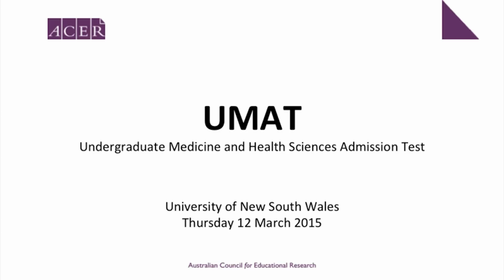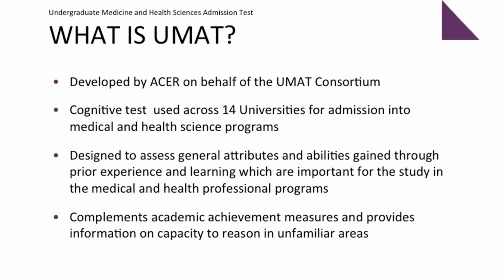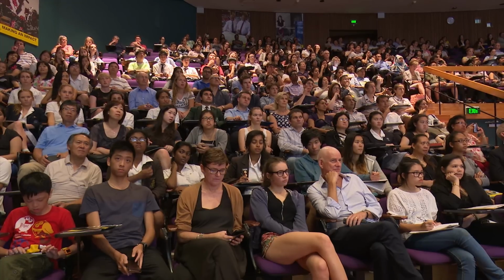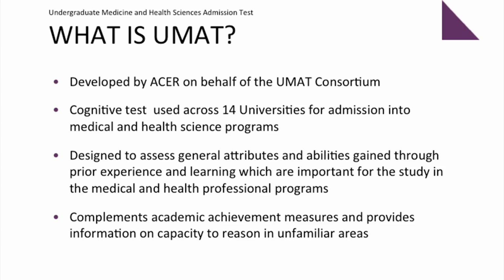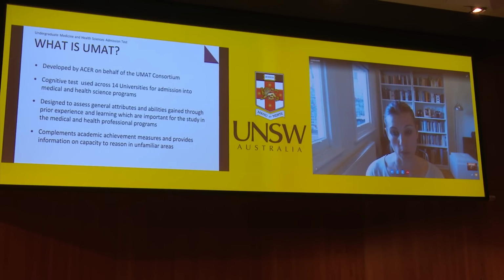Most of you already probably know about it, and if you do, please bear with me for the next 5 to 10 minutes. So if I move to the first slide, UMAT is an aptitude test that the Australian Council for Education and Research develops for UNSW and all the other undergraduate medical schools that require the test as part of the admissions process.